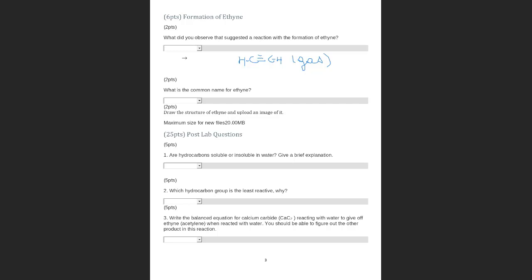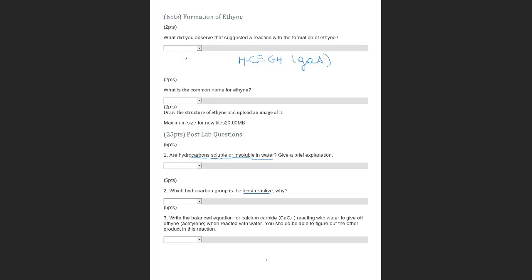And I believe this is a very simple experiment. There are a few questions after that. Are hydrocarbons soluble or insoluble in water? Okay, obviously you saw the two phases, and it says which hydrocarbon group is the least reactive and why.